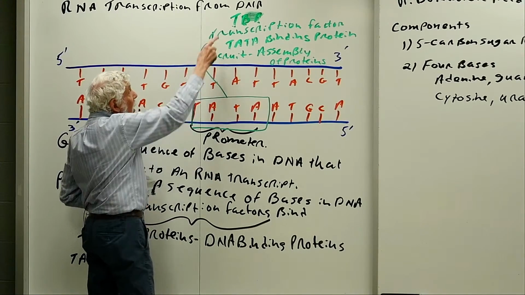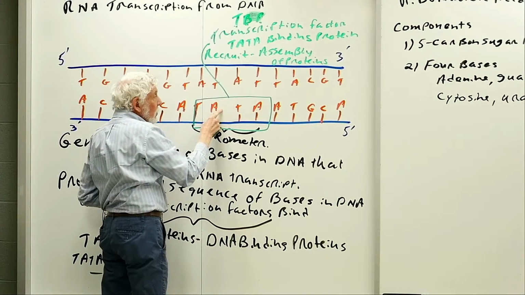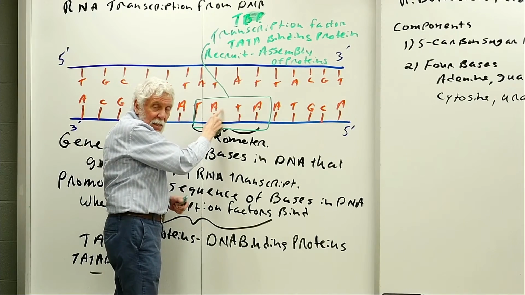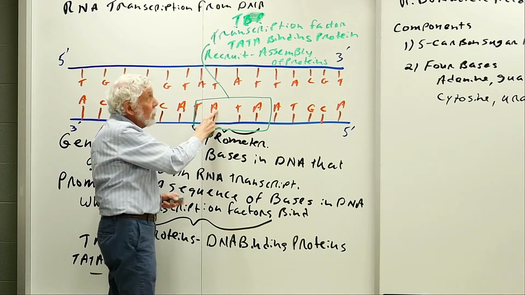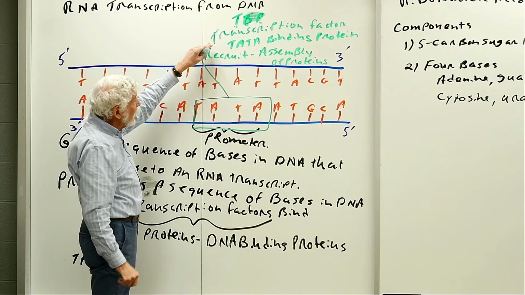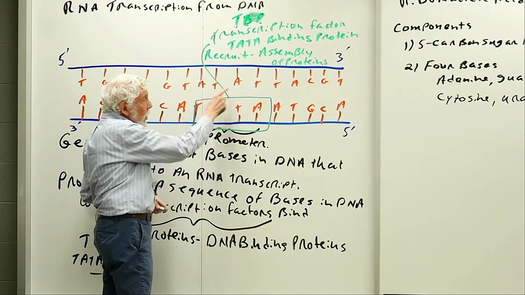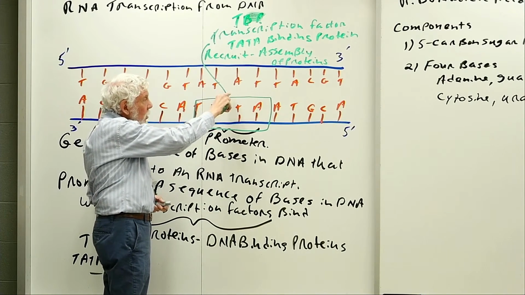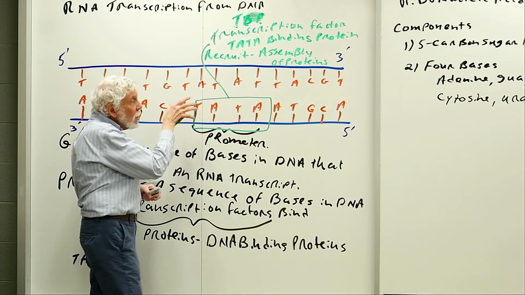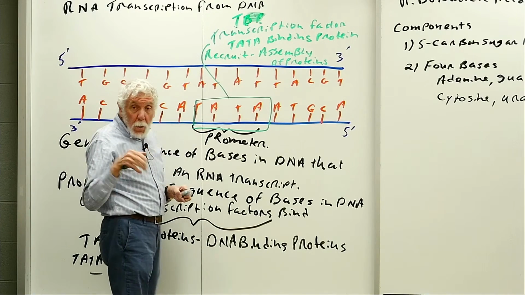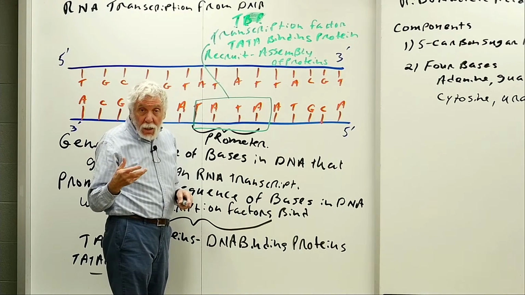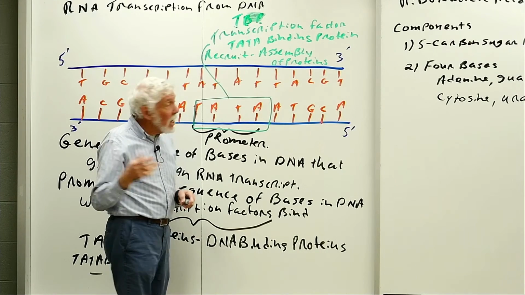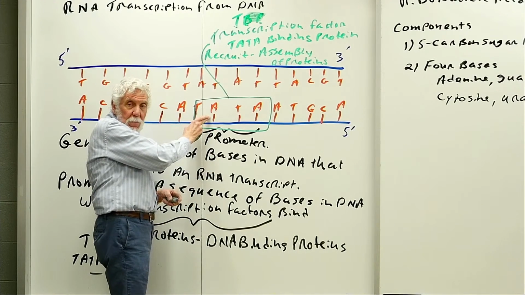We need to bind the TATA binding protein to the DNA, and there are some clever structures to it. The TATA binding protein, in addition to that helix-loop-helix structure, has a series of amino acids which are positively charged, largely arginines and lysines, and they bind to the phosphate groups.